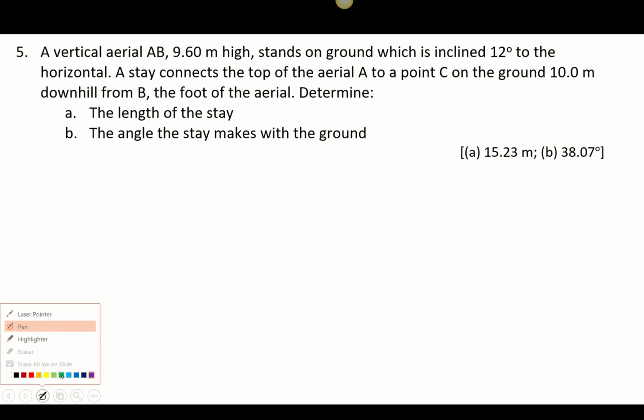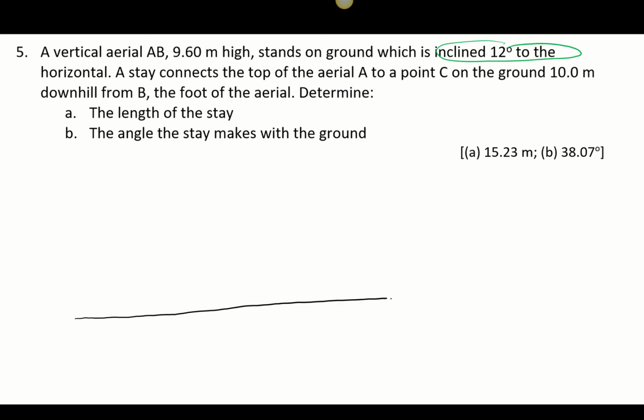Ultimately they're saying we have an inclined ground, inclined to the horizontal. So I'm going to set up a black line here that's going to state my horizontal. Bring that across. Now that is a terribly not straight line. Again, this one's not much straighter either, but we get the idea. It's just not as bad as the first one.